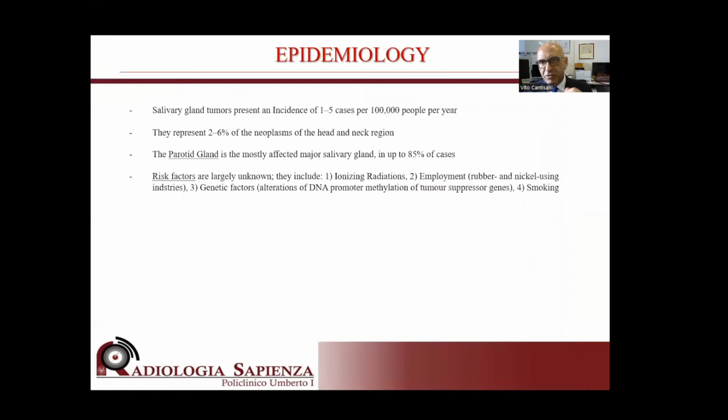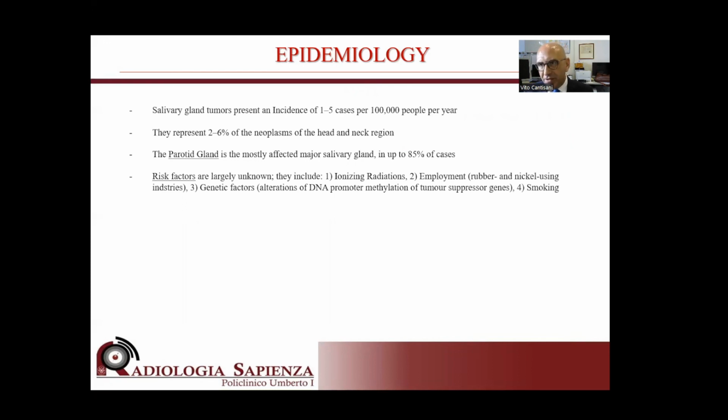But what is really important is to try to use these techniques to differentiate really benign lesions, Warthin tumor, from benign but possibly malignant transformed lesions, pleomorphic adenoma, that can also change its appearance in its natural history.